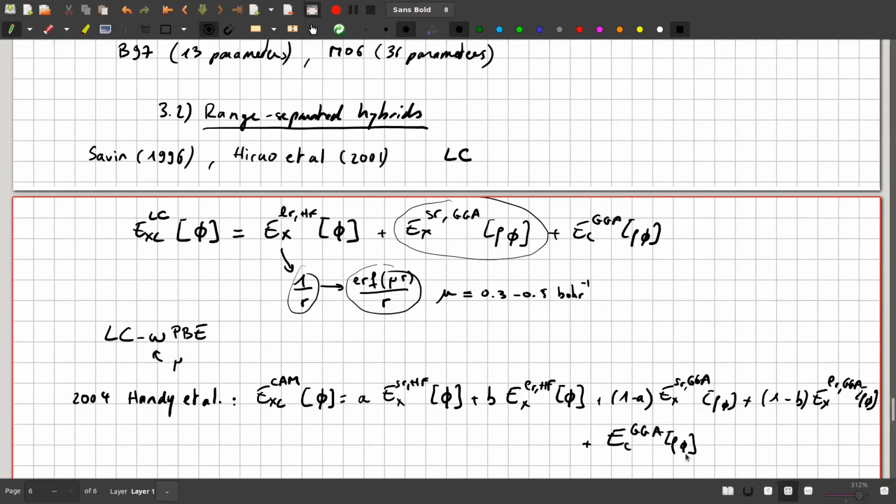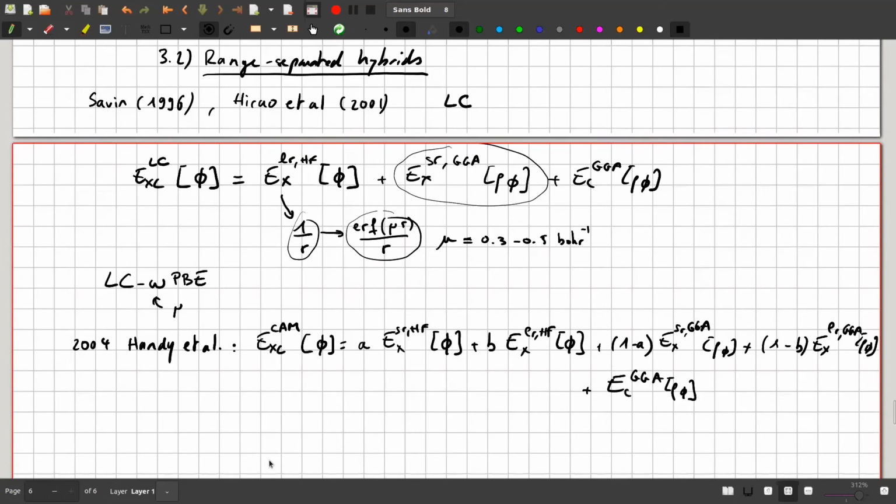Okay. So you see it contains, as a special case, the LC scheme, where you take b equals 1 and a equals 0. But it's more general than that. So now you can introduce, if you want, a fraction of Hartree-Fock exchange at short range. And this gives you more flexibility. You can, for example, remove more of the self-interaction error at short range. But of course, you have more empirical parameters.